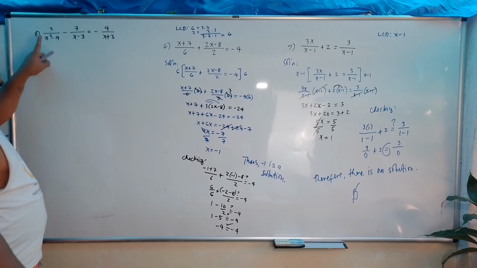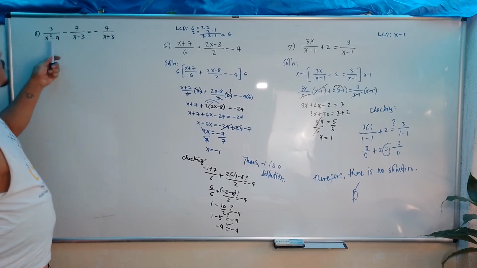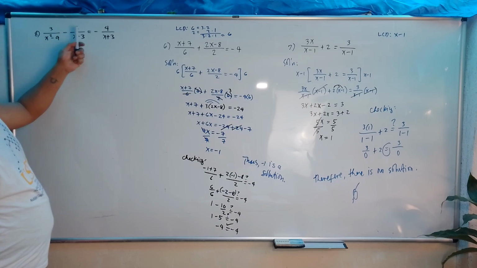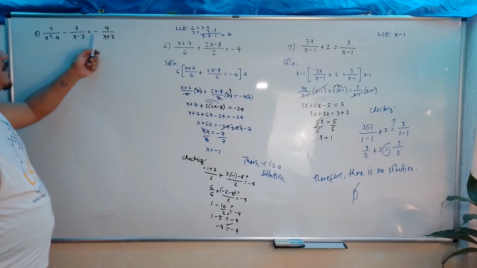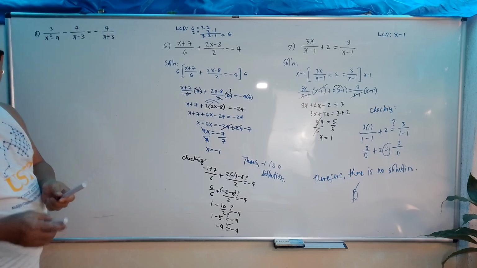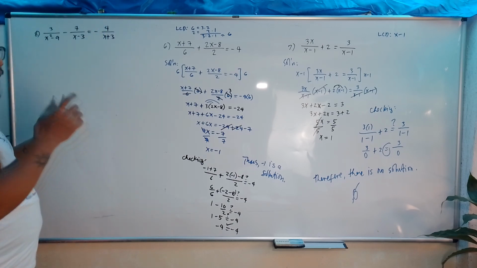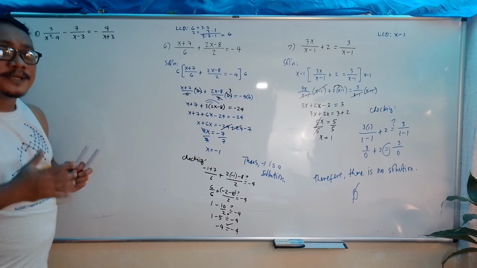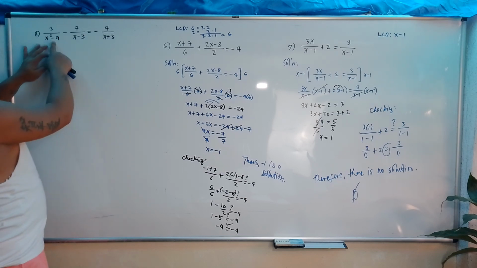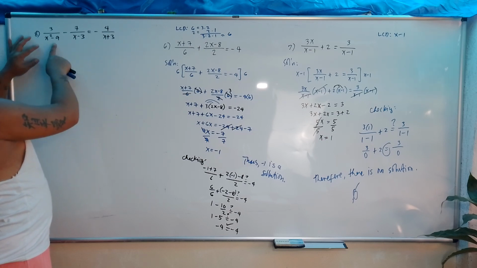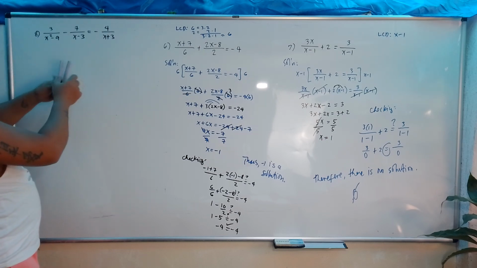You are given 3 over x squared minus 9 minus 7 over x minus 3 is equal to negative 4 over x plus 3. Again, the first thing to do is identify the LCD. Look at each denominator. In the first denominator, you have x squared minus 9.